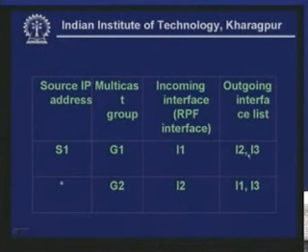So these are L2, L3, etc. This is a list, and finally when a packet arrives, the router has to forward one copy of the packet along each of these outgoing links, which eventually reach some members of this particular multicast group.